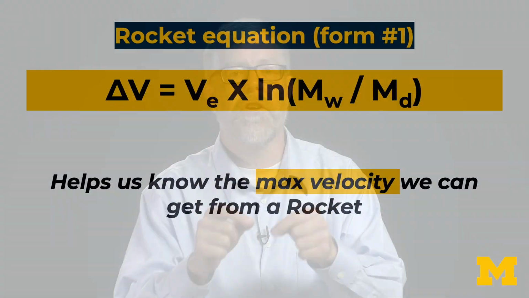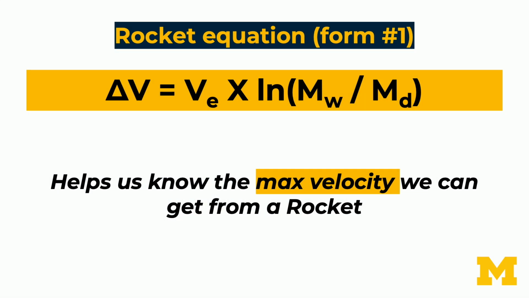So the rocket equation has two forms that we use, and they answer two different questions that we have. All right, so in the first form, we have that the delta V that we're going to get out of the rocket is equal to the exhaust velocity of the rocket times the natural log of the wet mass divided by the dry mass.